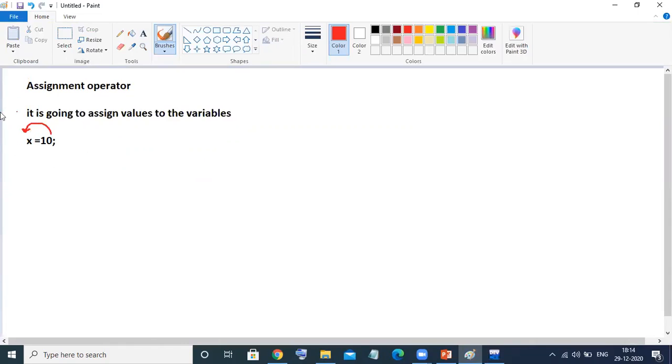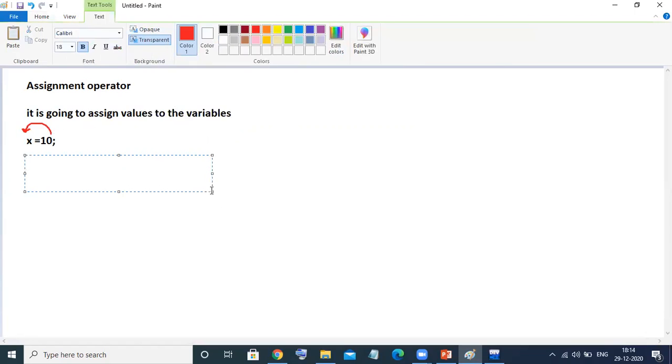So the purpose of the assignment operator is only to assign values to variables. The most commonly used assignment operator, I hope you might have guessed, is equal. This is actually called the assignment operator, or I can say only equal. I'm not saying equal to. Equal to will be double equal.